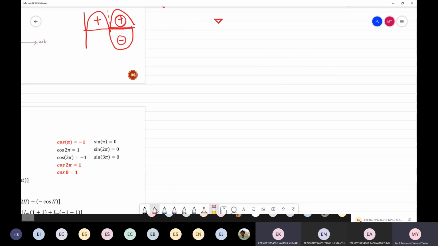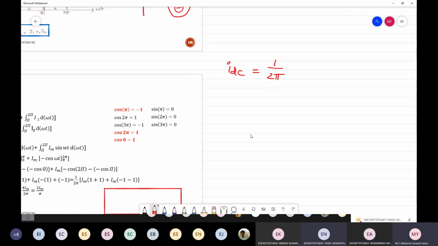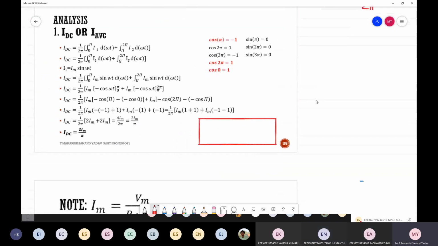So what is the answer? What is the answer? IDC is? Sir, 1 by 2 pi into 2 Im plus 4 Im by 2 pi. Better I'll discuss here itself. So we are done with this formula.